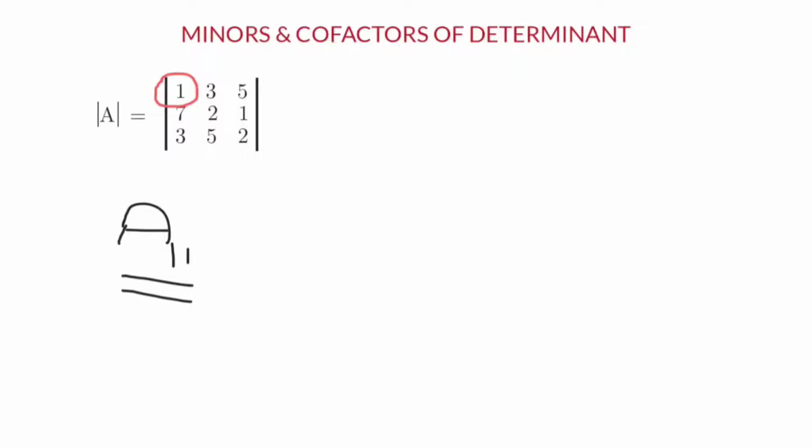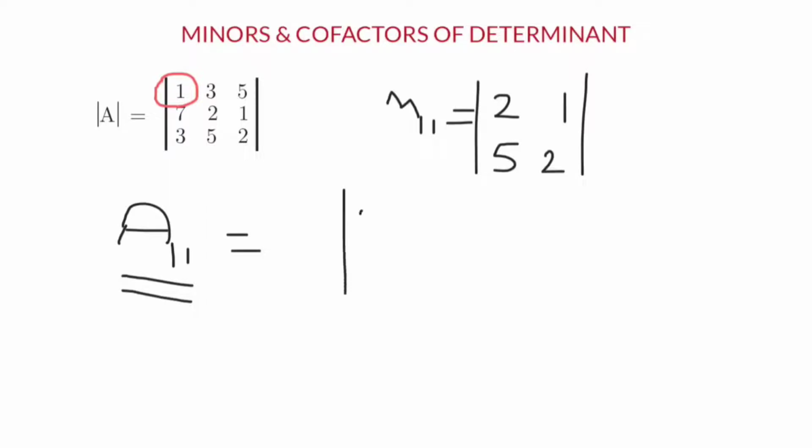Minor was represented by M11, and it was equal to 2 1 5 2. Now cofactor is also a minor, so it will also be 2 1 5 2, but the difference is it will have a positive or negative sign based on the position of this element.